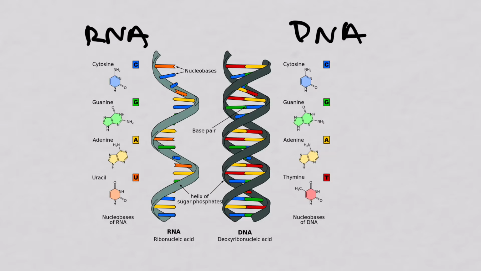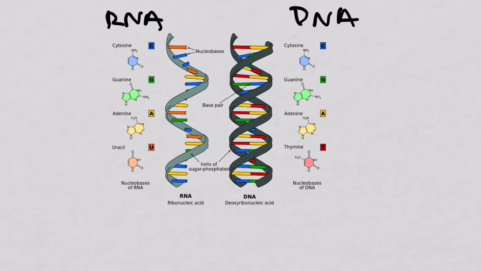Now, there is a relationship between DNA and RNA in terms of the central dogma, which is something that you learned earlier on in the year when we were talking about how proteins are made. It goes DNA to RNA to protein.